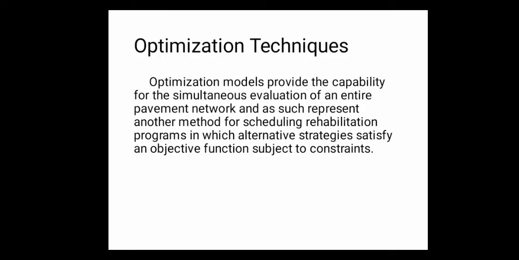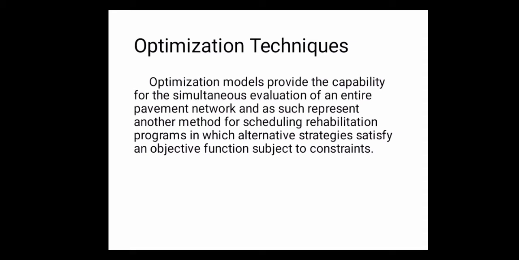Optimization techniques. Optimization models provide the capability for the simultaneous evaluation of an entire pavement network and as such represent another method for scheduling rehabilitation programs in which alternative strategies satisfy an objective function subject to constraints.